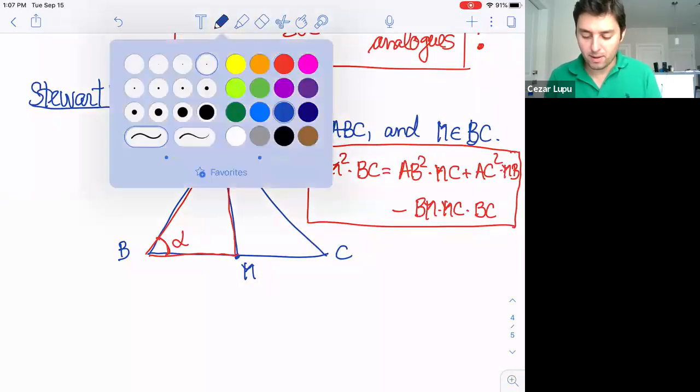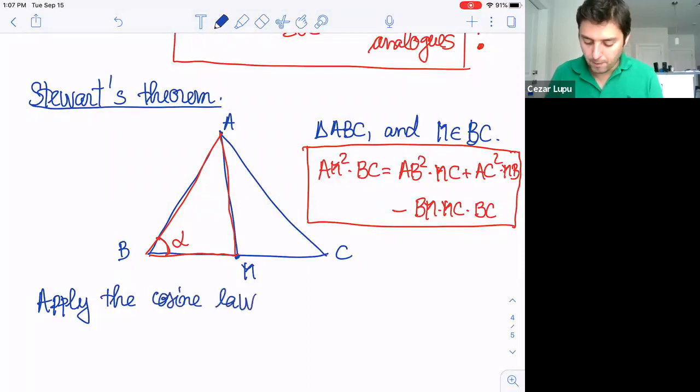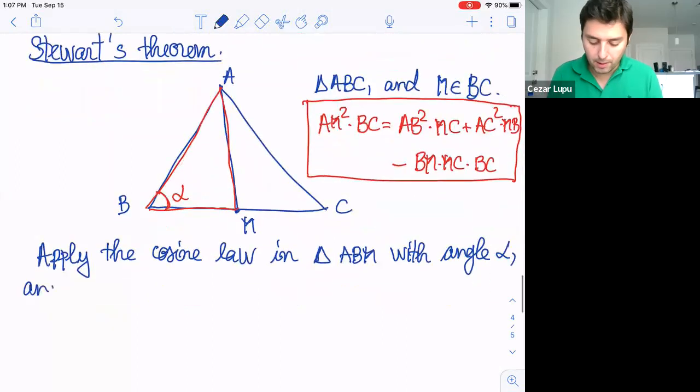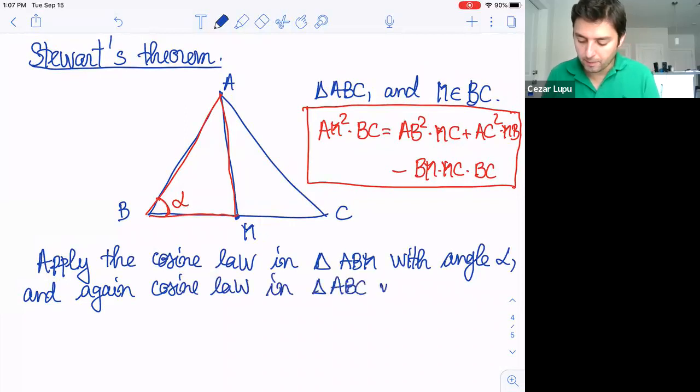The main thing is just to apply the cosine law in the triangle ABM with angle alpha, and the same again, cosine law in the big triangle ABC with angle alpha.